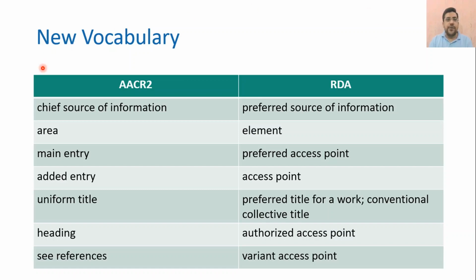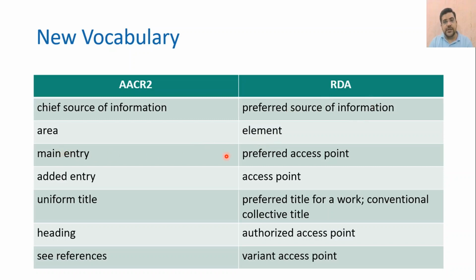There are a few new vocabularies, the terminologies, in cataloging. In AACR2, we use the chief source of information. The chief source of information is replaced by preferred source of information in RDA. Area is now element.